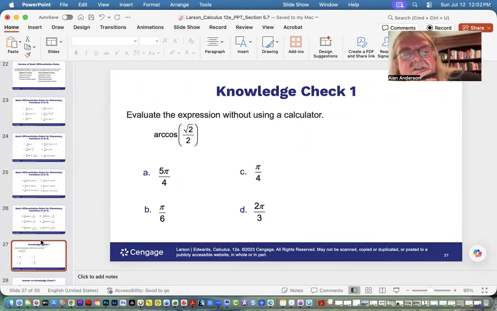So now here they're challenging us to do this without a calculator. Hmm, not sure I get why they want us to do this, but see, then you'd have to figure out the angle. So what you're being asked to do is find the angle whose cosine is radical 2 over 2.